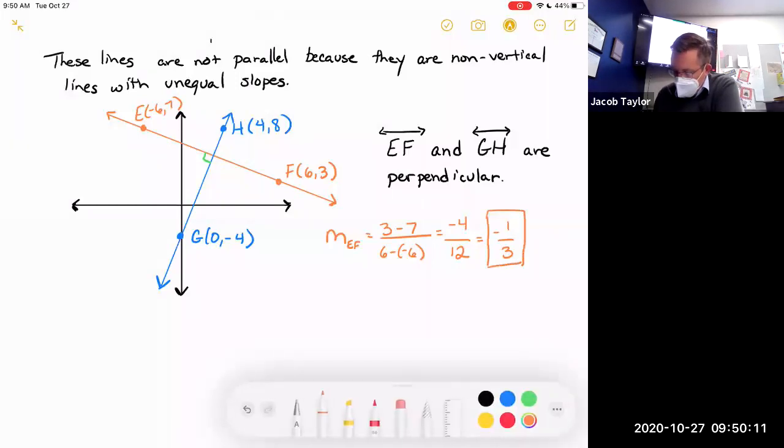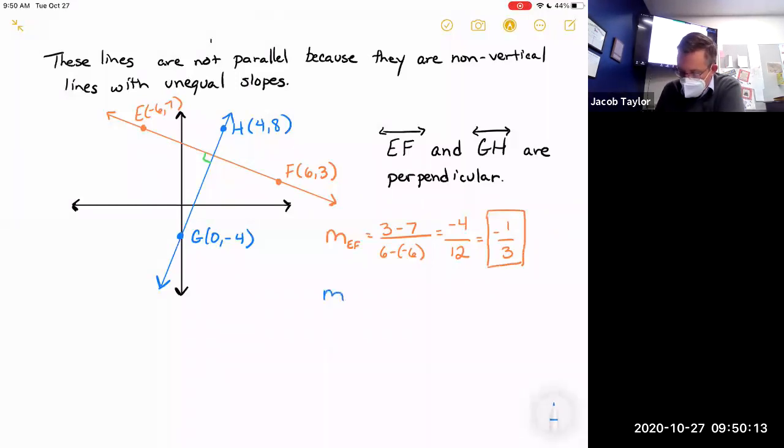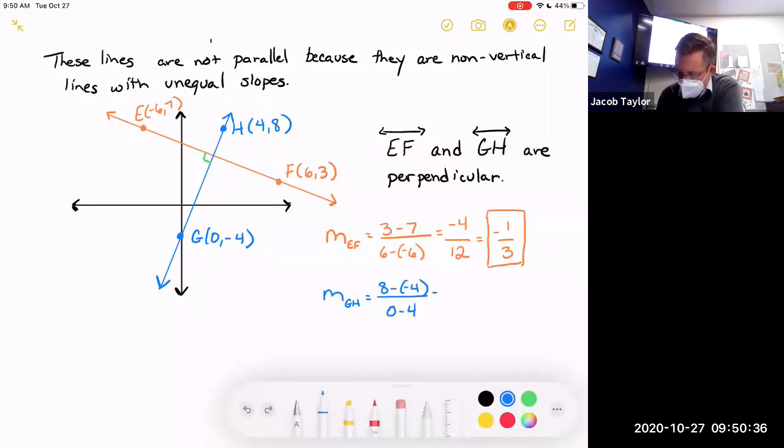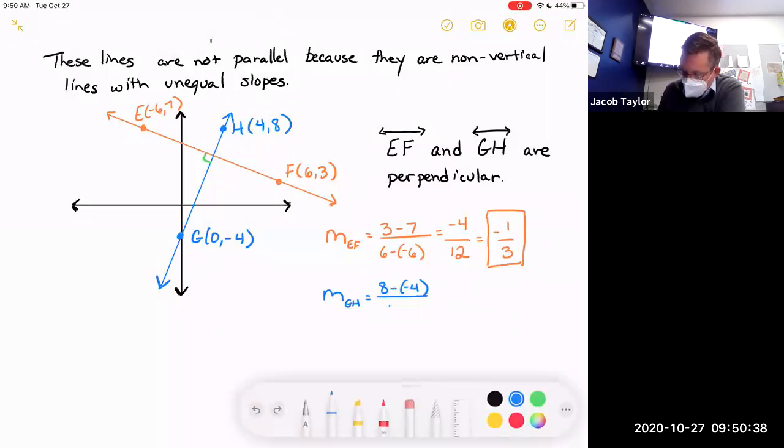So now let's find the slope of the other line, which was line GH. So we're going to use the y's. We'll do like 8 and -4. And then 0 minus 4. Oh, wait, did I get that? I did. I got that. I got the bottom backwards. 4 minus 0.